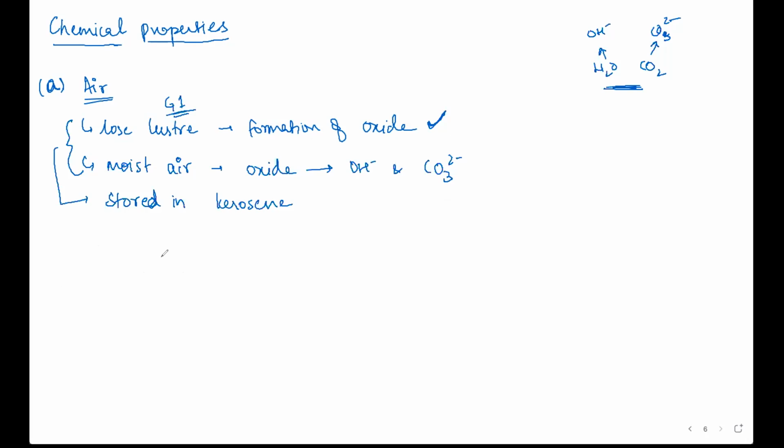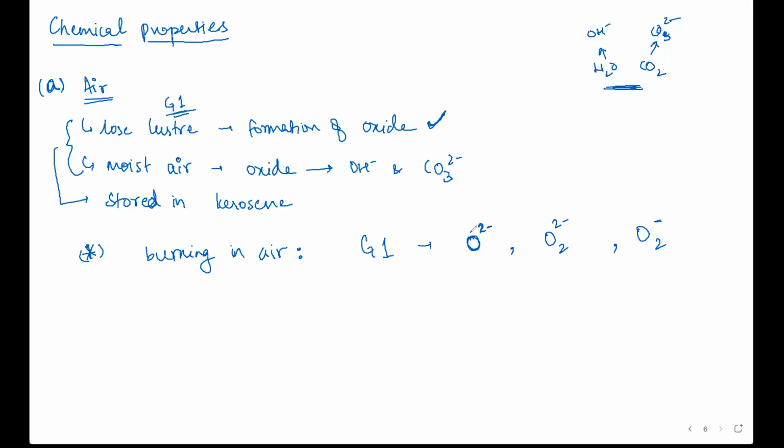Now if you want to create the actual reaction, then on burning in air, group 1 forms oxides. Oxides are your regular oxide ion. Peroxides are O2 2 minus, and superoxides are O2 minus.